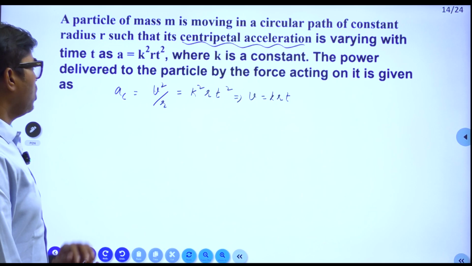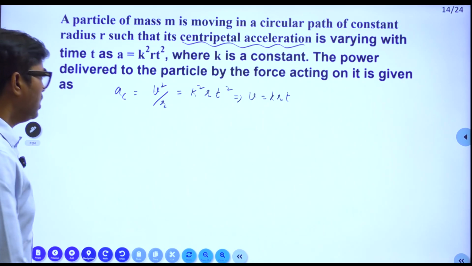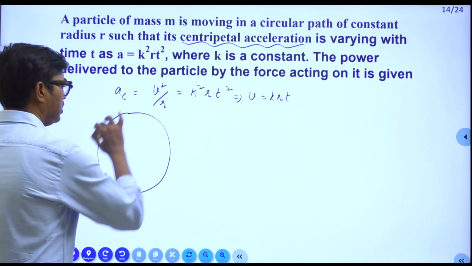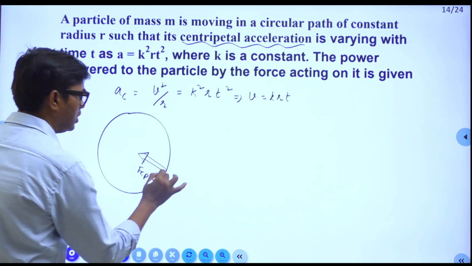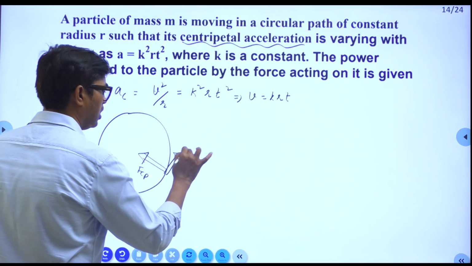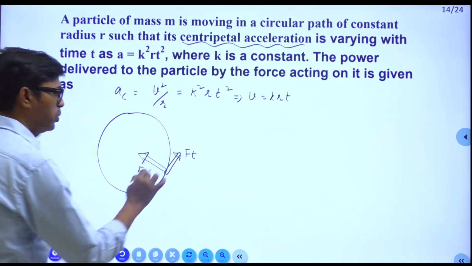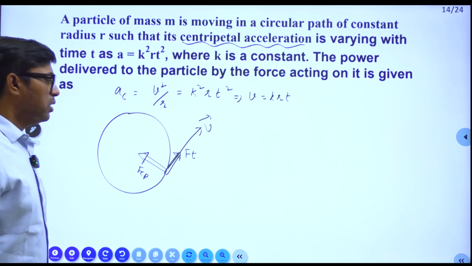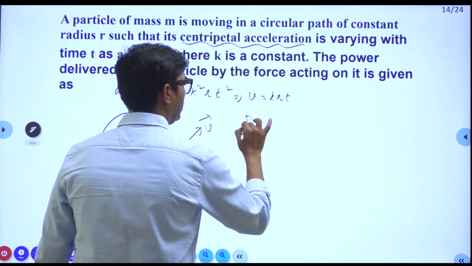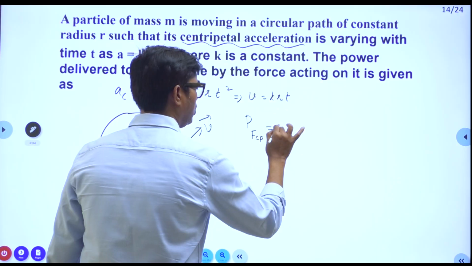Velocity we have. Then how do I find power? See, when a particle is going in a circular path, it will be experiencing two types of forces. One is the centripetal force, the other is tangential force. And you know that velocity will be only tangential. Then power delivered by centripetal force will be 0 always.